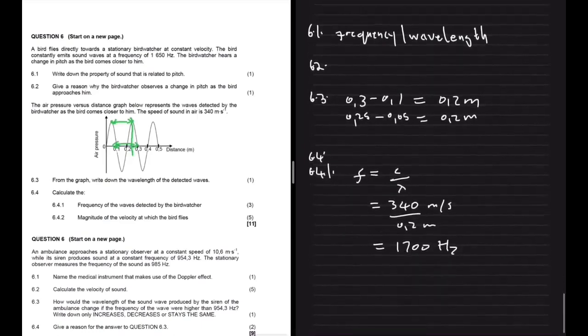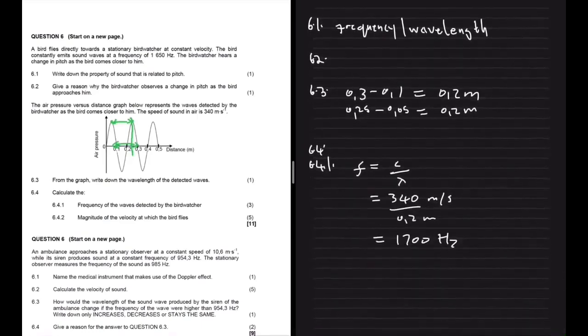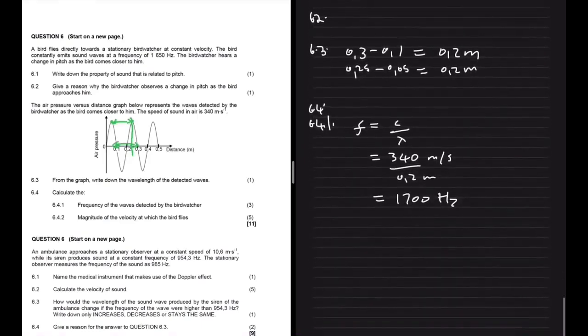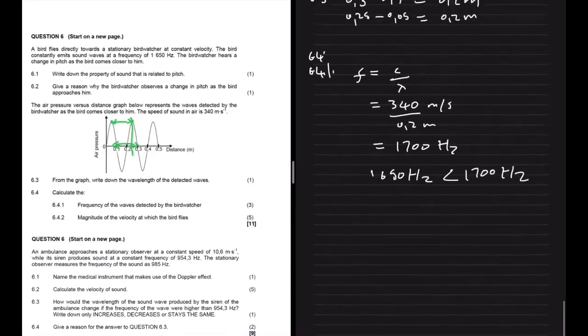The SI unit of frequency is Hertz, which makes sense. The emitted frequency is 1650 Hertz, right? And the bird is moving towards the bird watcher, so we anticipate a frequency that is greater than that which is emitted, and that is true because, as you'd see, 1700 is greater than 1650 Hertz.